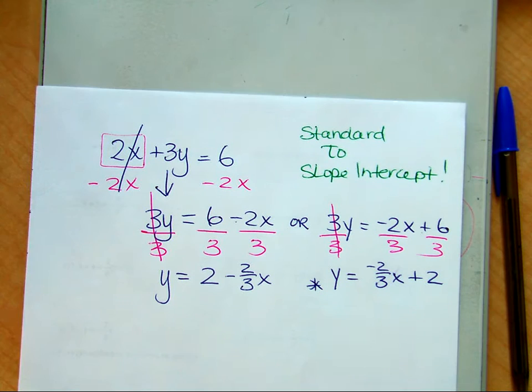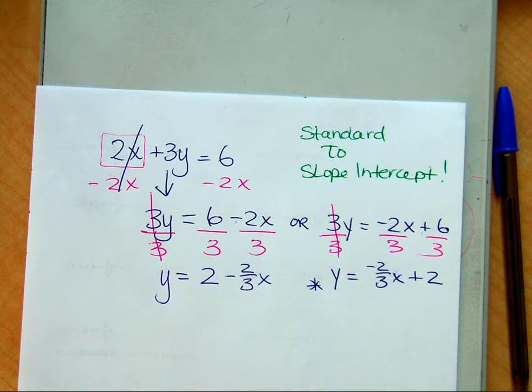You already knew how to do that. That was just me now giving a name to this process. Standard to slope-intercept, okay?